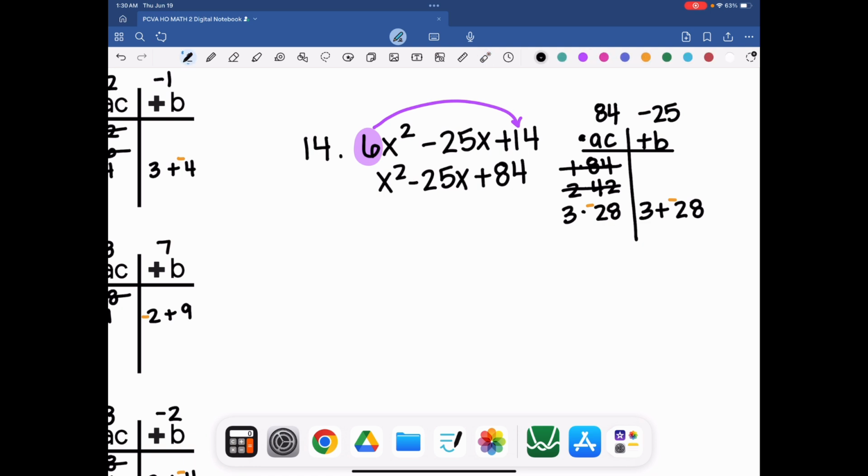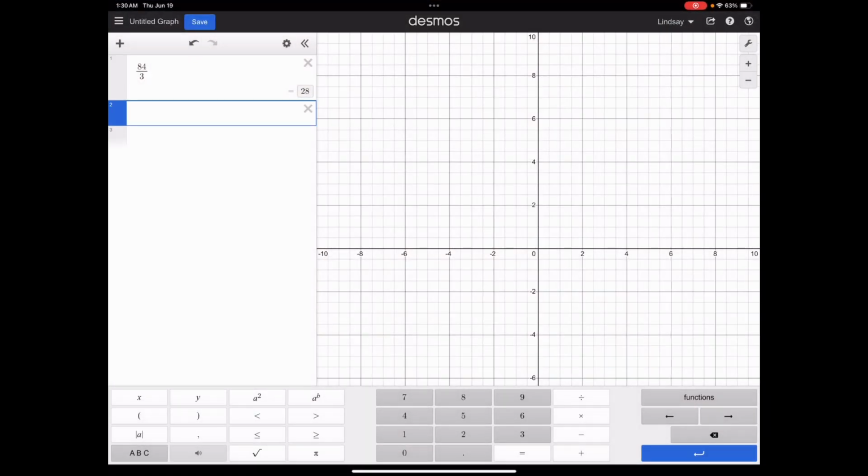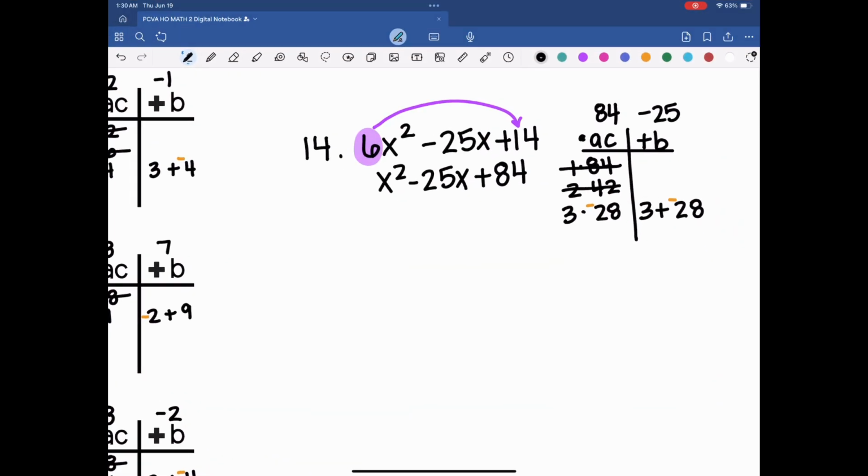All right, so I'm going to go back to Desmos and see what else I can find. So we have 4 and 21. That could work. We've got to check our negatives.